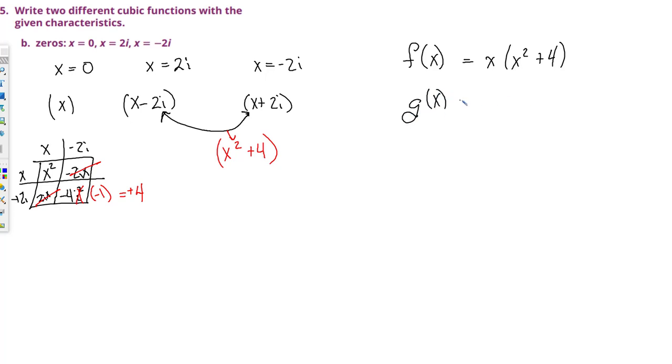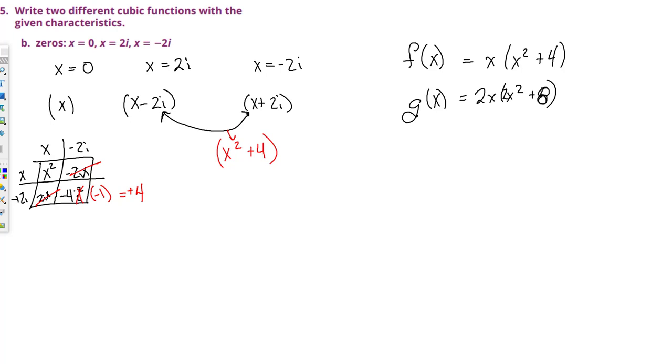Anybody give me their other function? 2x, and then parentheses 2x squared plus 8. That's another one.